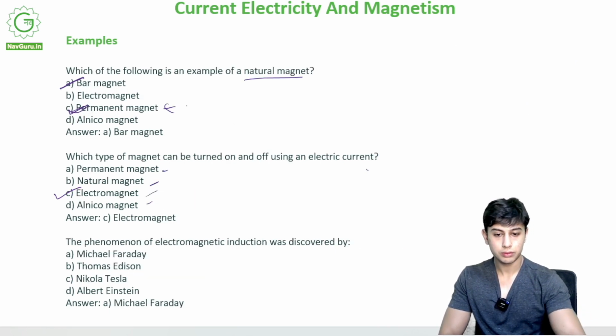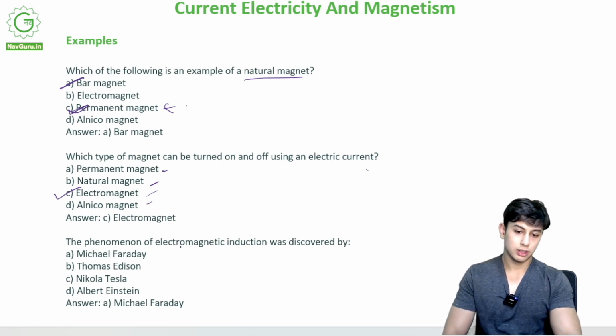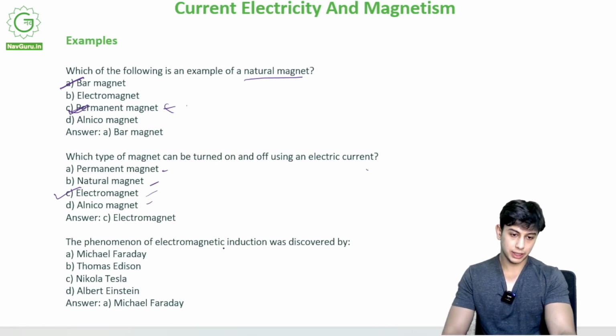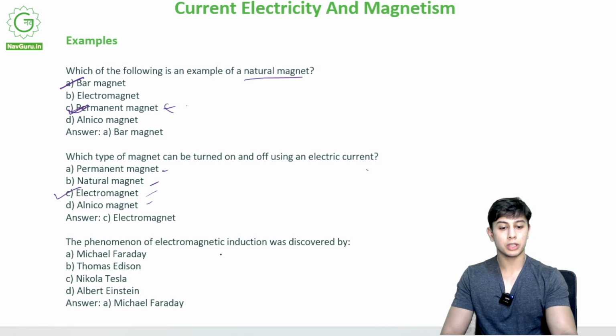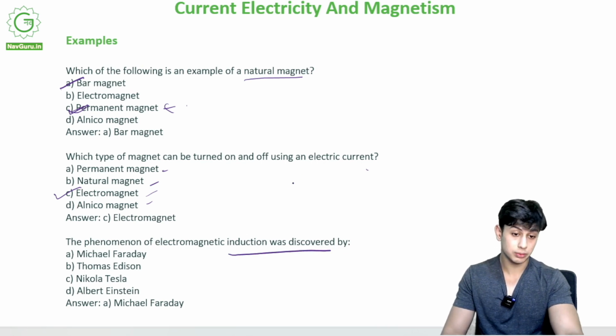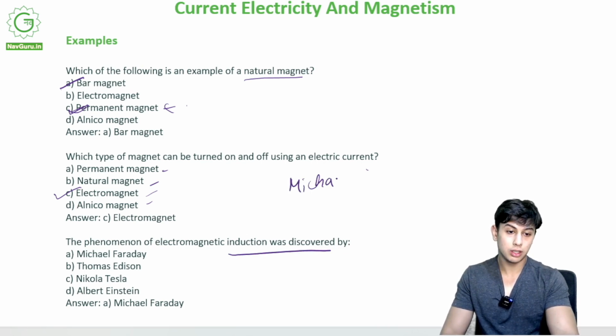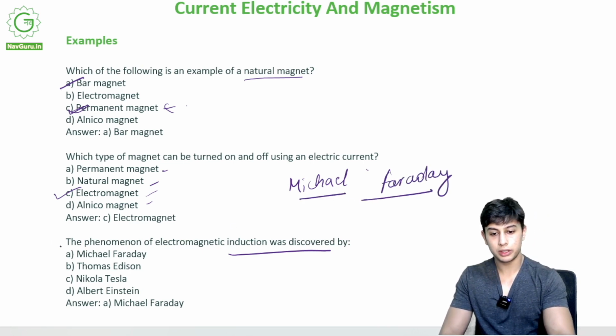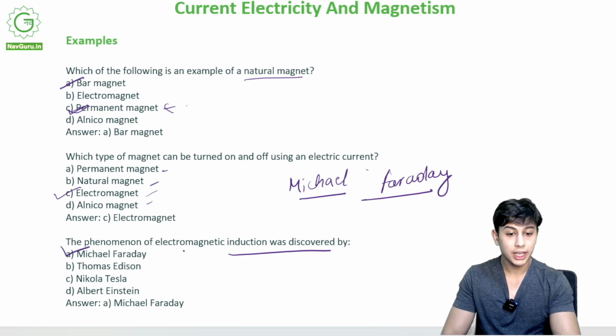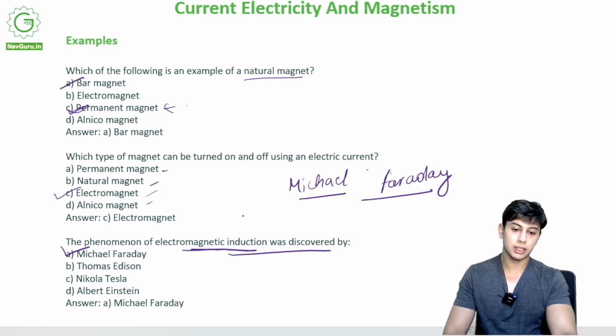So electromagnet. The phenomenon of electromagnetic induction was discovered by who? Now this is an important question, this might come. Michael Faraday. Michael Faraday was the one that discovered electromagnetic induction. What is electromagnetic induction?